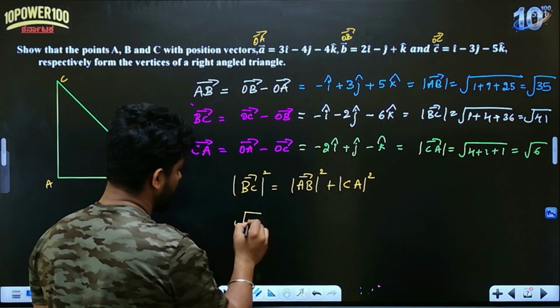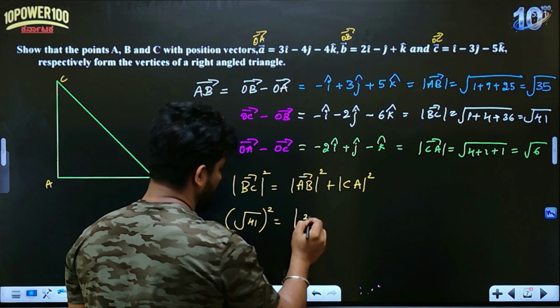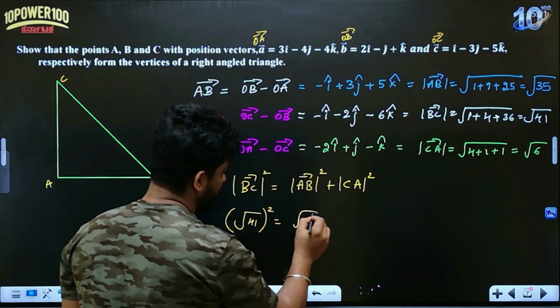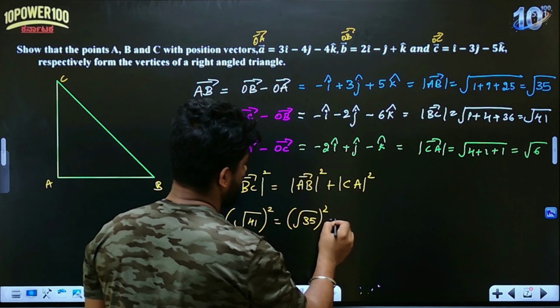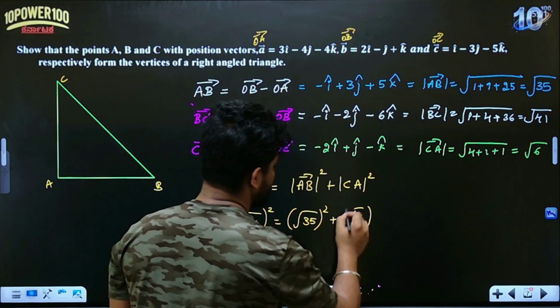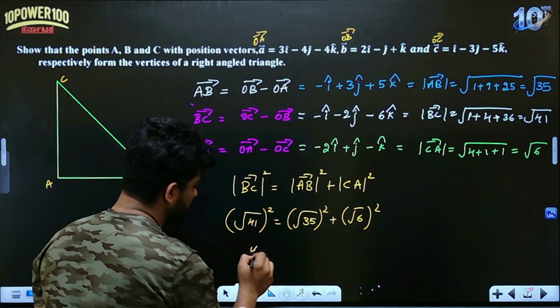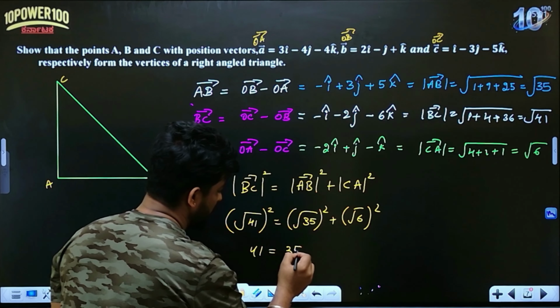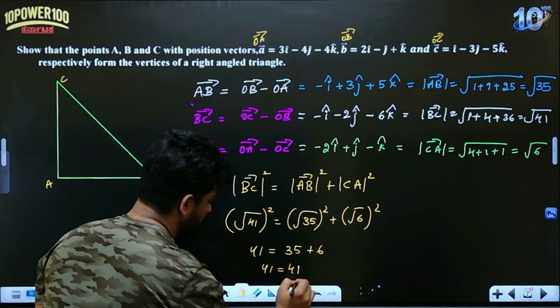Root 41 squared is equal to root 35 squared plus root 6 squared. The square and the square root get cancelled out. 41 is equal to 35 plus 6, so 41 is equal to 41, correct?